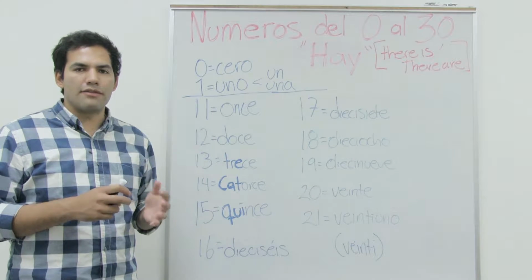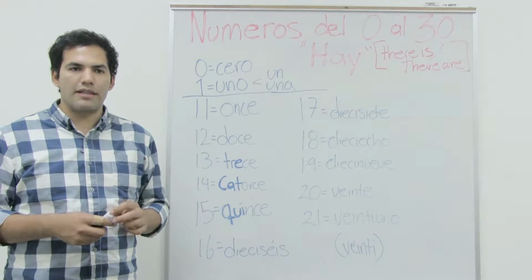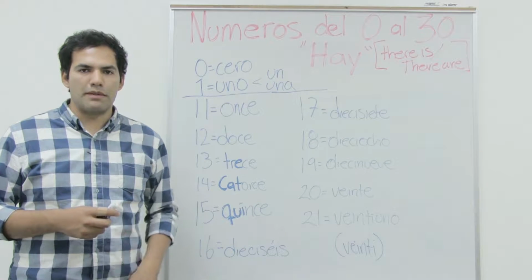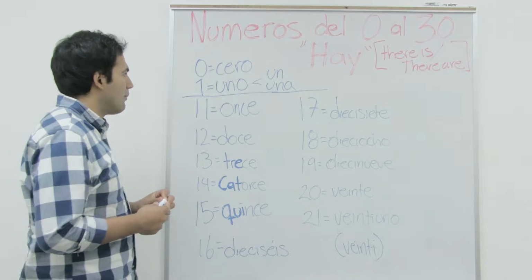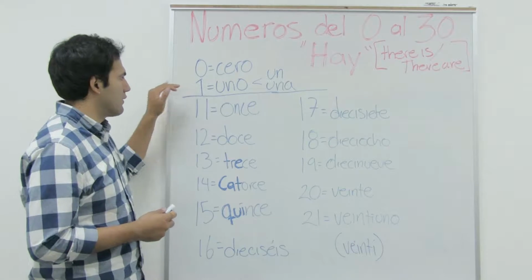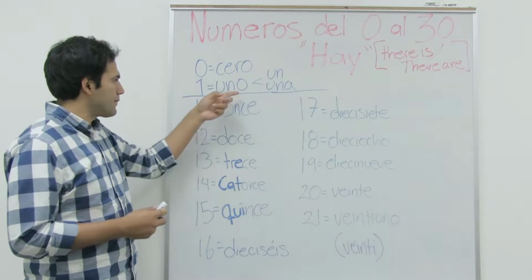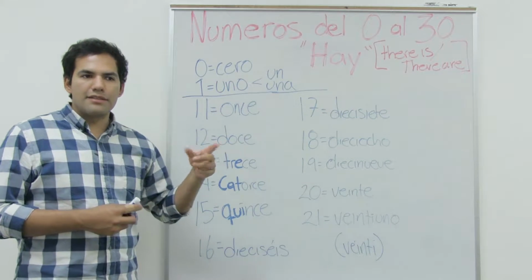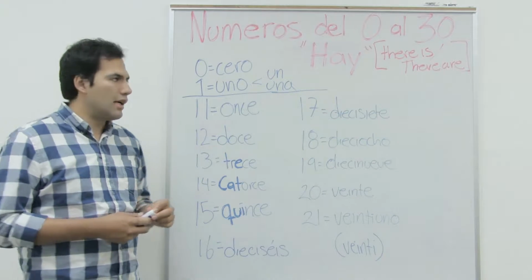Numbers from 2 to 10, we're not gonna do that. I hope that you're able to remember those by now. But I just wanted to make an observation on number 1. So uno, it's just the name of the number.